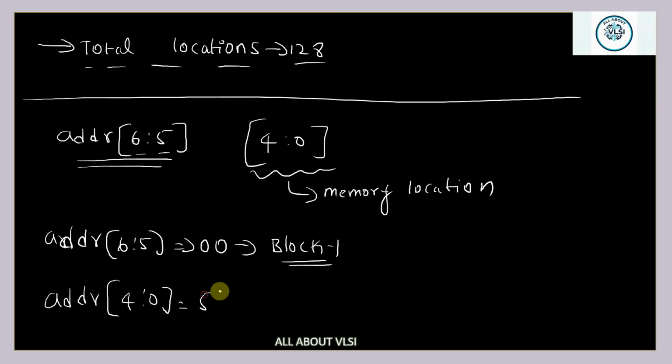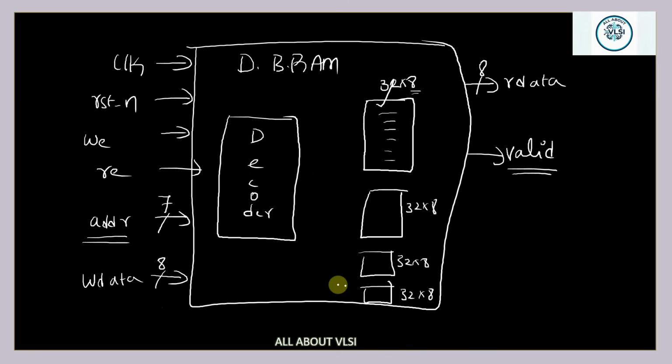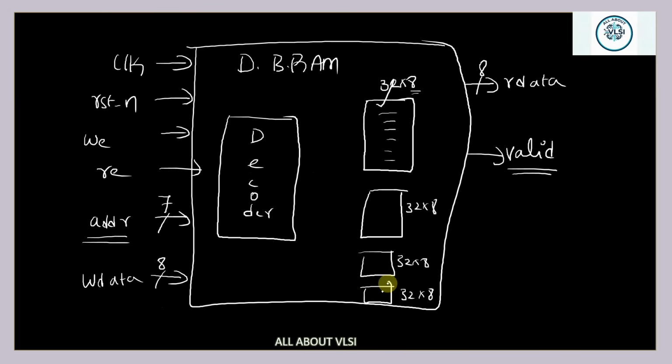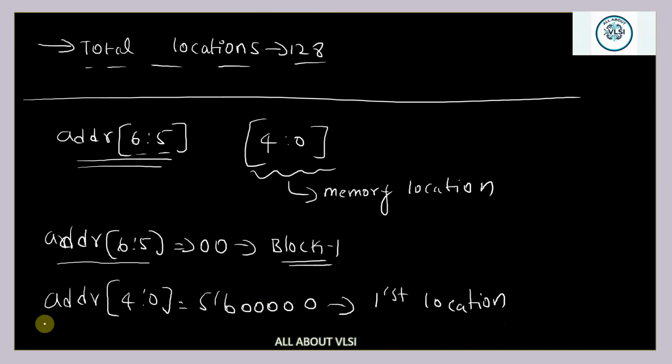If it is equal to 5'b00000, then I want to write to the first location. Otherwise, I decide which particular location I want to write. And if I want the last block to be selected, then I provide address 6 down to 5 as 11. Then the last block will be selected, and into which location of the last block you want to write the data will be decided by the remaining bits. That is what we are going to do.